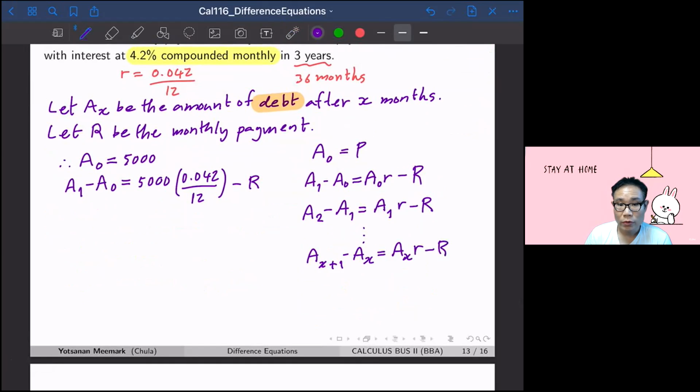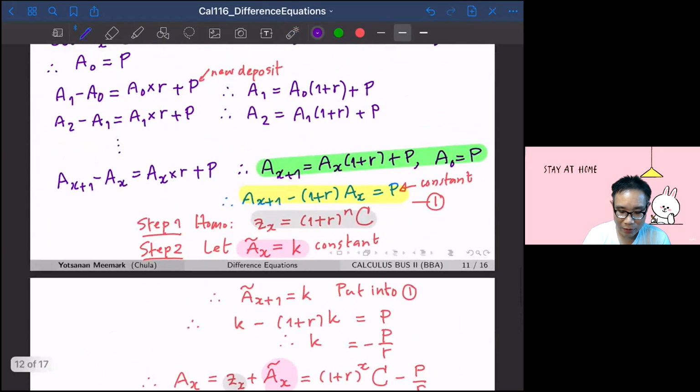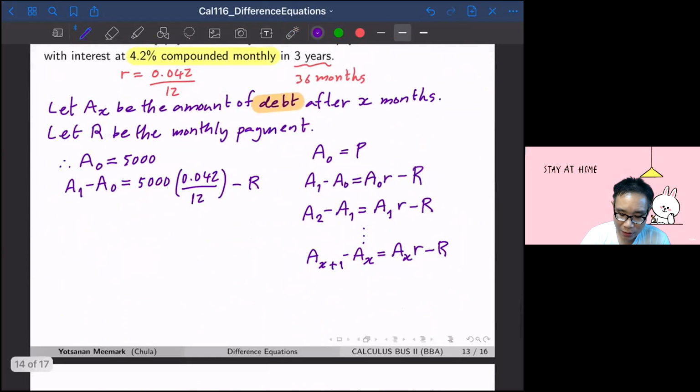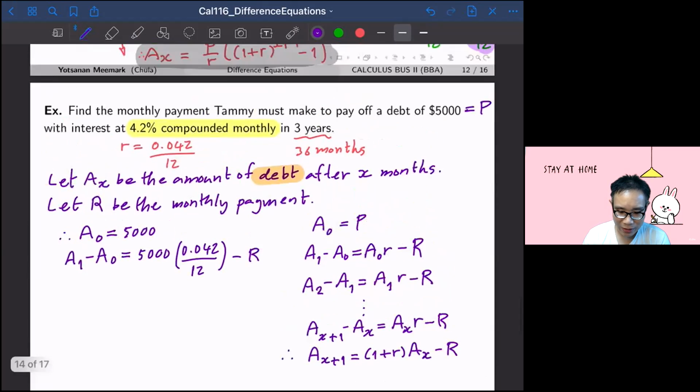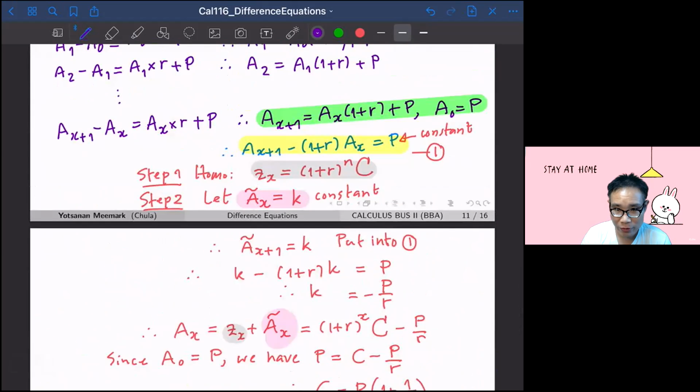Okay, so you see this pattern and it's going to turn out to be the same, but the difference turns out to be P. So you have A(x+1) equal to (1 plus R) A(x) minus R. Okay, so you see that this difference equation turned out to be exactly kind of the same as the previous one that we have for the first equation.